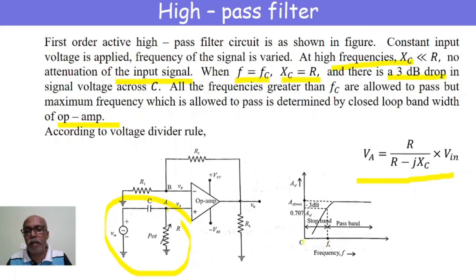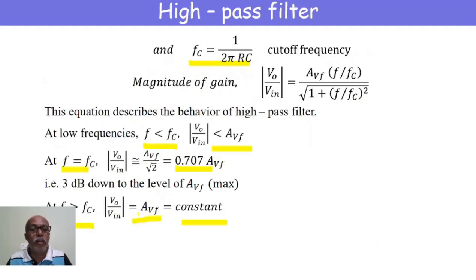Below Fc, the gain is less; at Fc, the gain is 0.707 AVF; and above Fc, the gain is equal to AVF. This is about the high pass filter.